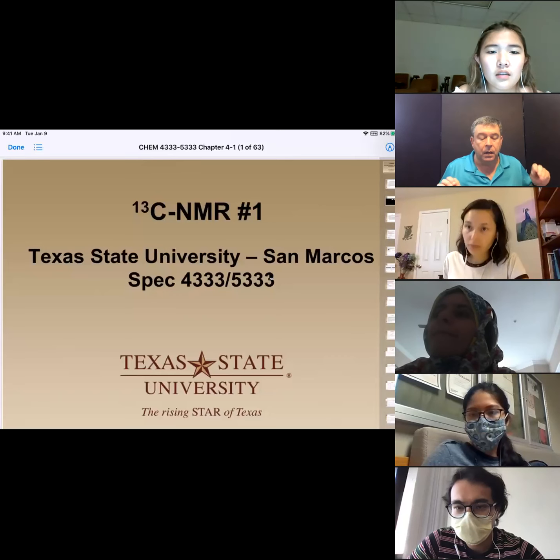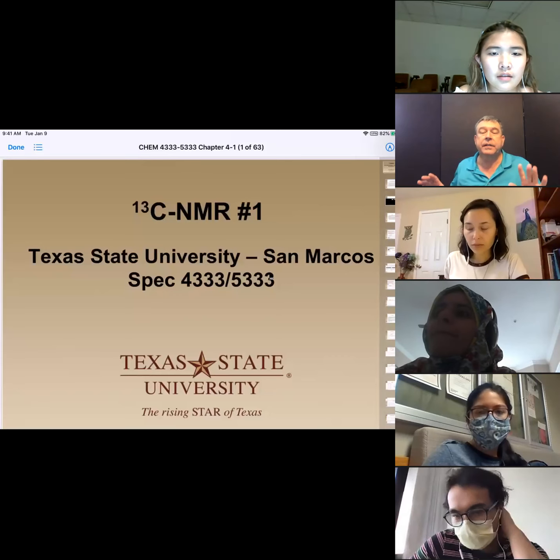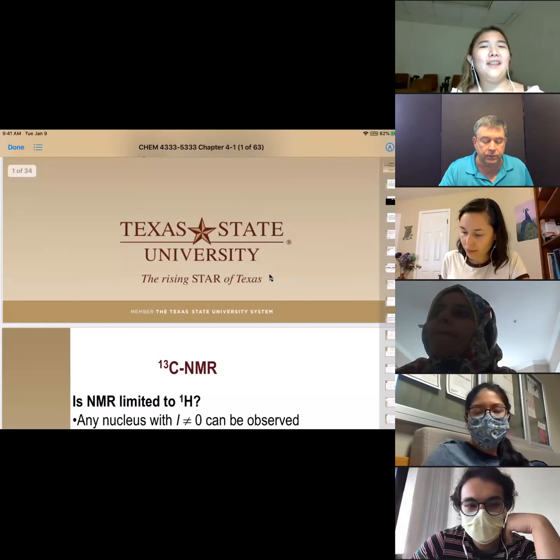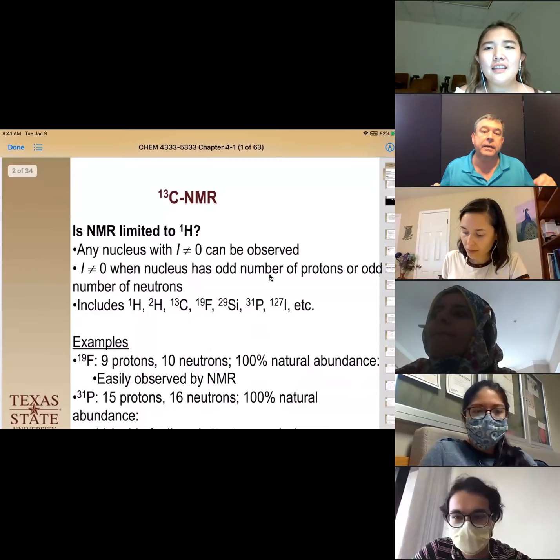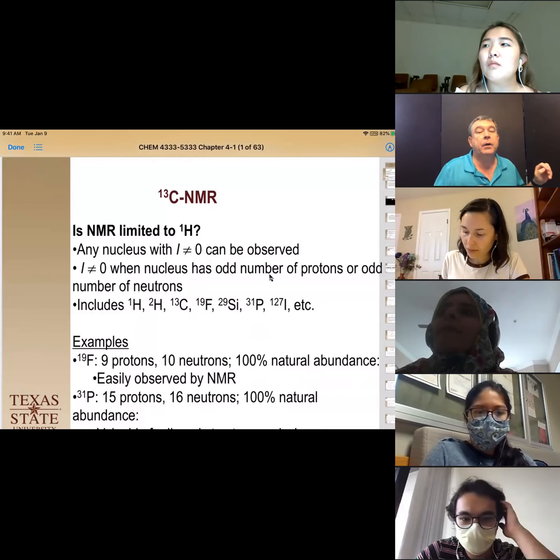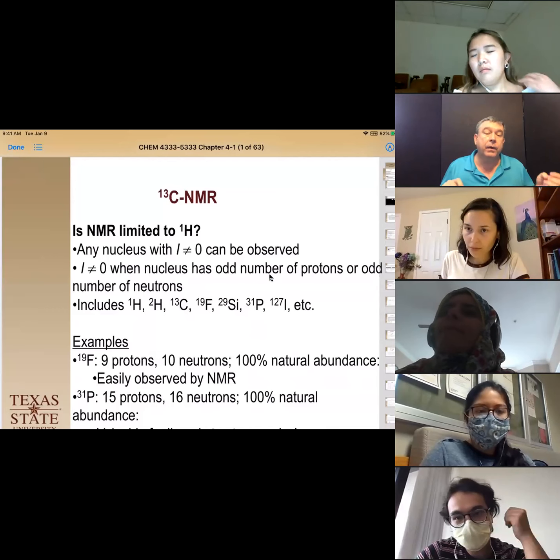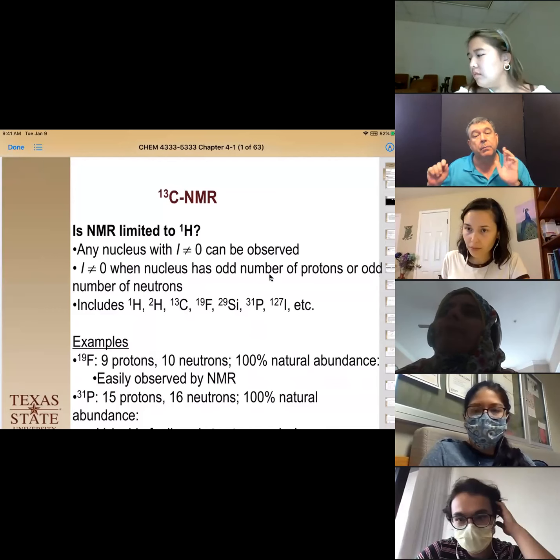So, okay, we're going to look at carbon-13 NMR. The first thing to know about carbon-13 NMR, and I kind of introduced this in proton NMR, is the idea that anything with a non-zero magnetic moment we can actually use as a spin-active system.